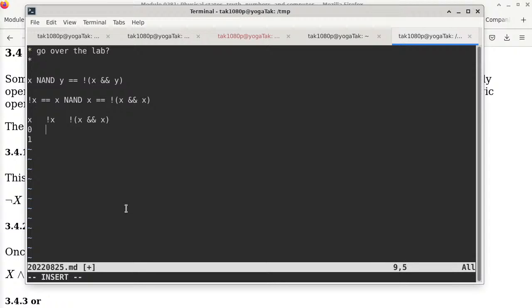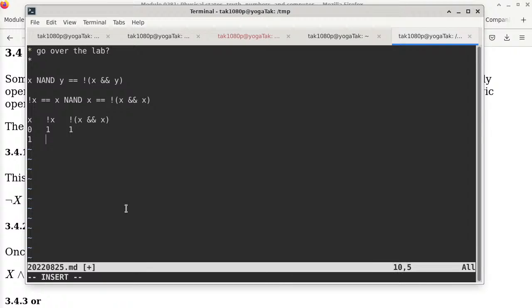So when x is false, not x is true. And what about over here? If x is false, false and false is false, not false is once again true. And then on the next row, we look at what happens when x is true.